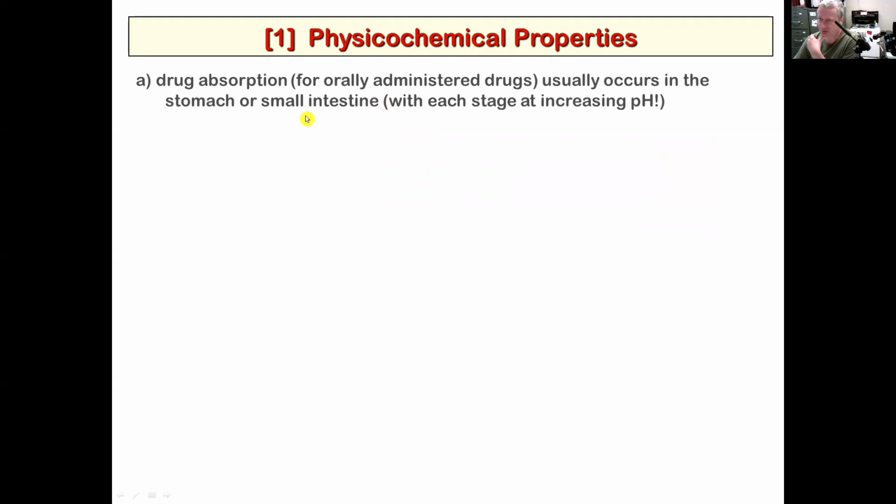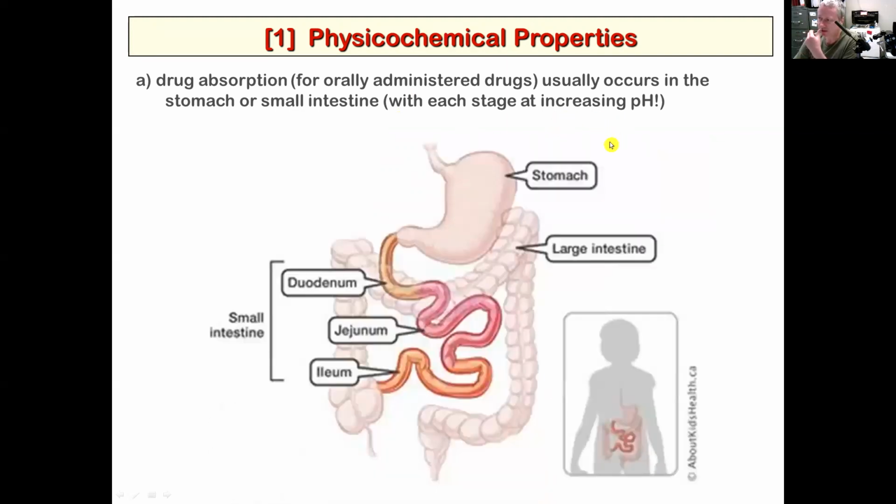But at each stage of this process, the pH increases. That's kind of interesting, right? Because we know the stomach's acidic, but your intestines are actually neutral to basic, definitely less acidic. So if you take a drug orally, it enters your stomach, an acidic environment, and transitions into the duodenum, the jejunum, and the ileum.